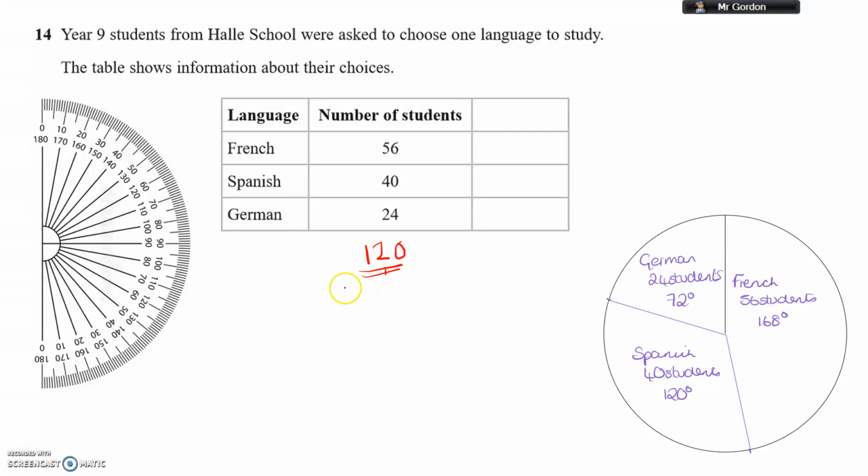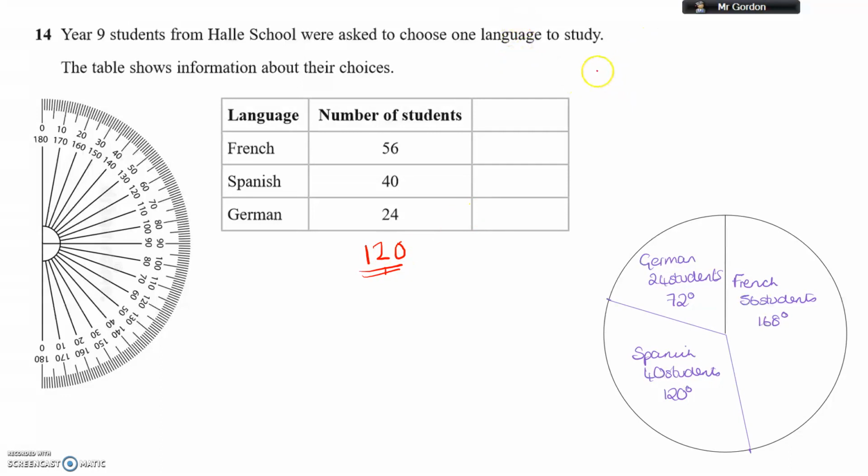Okay? So you are putting 120 students into a pie chart, or into a circle. So you've got to work out, how many degrees are each of the subjects worth? Well, how many degrees is each student worth? If you've got 120 kids to put in there, how many does each one of those represent in terms of degrees?